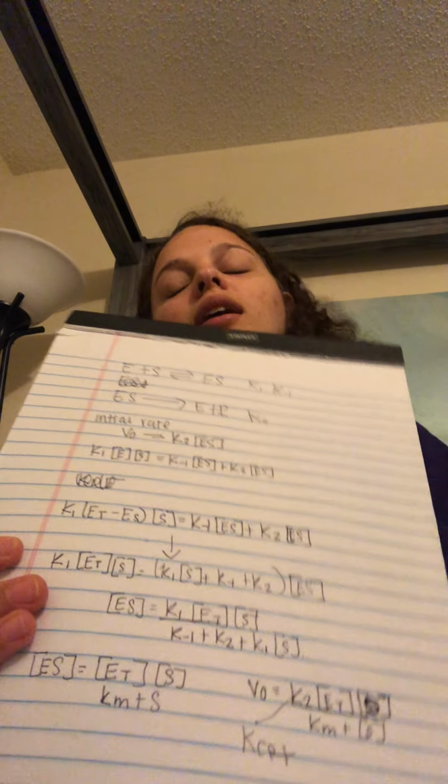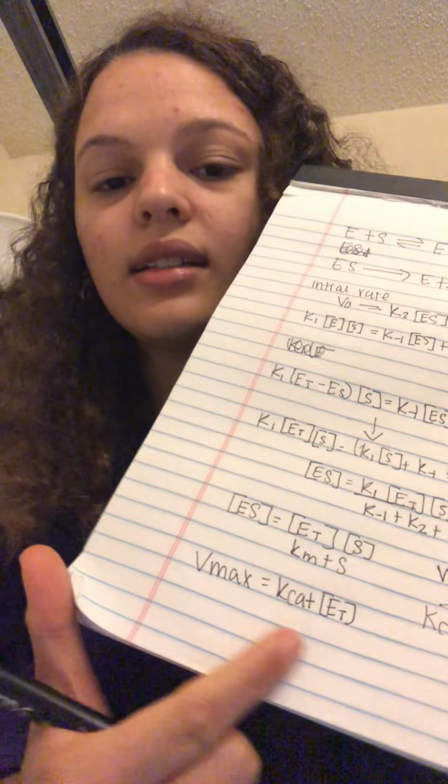steady state rate equation. The Vmax is equal to the total enzyme concentration times the catalytic constant, which will be represented as Vmax equals Kcat times ET.